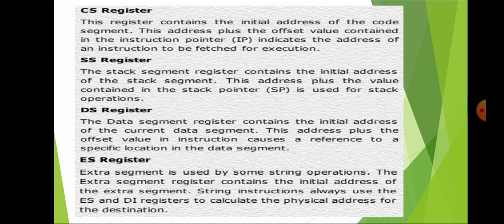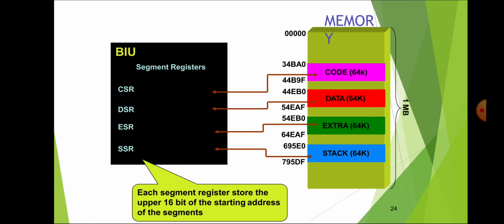Suppose the code segment address is 1000, multiplied by 10 gives 10,000, plus the instruction pointer, so the result is the address of the instruction.